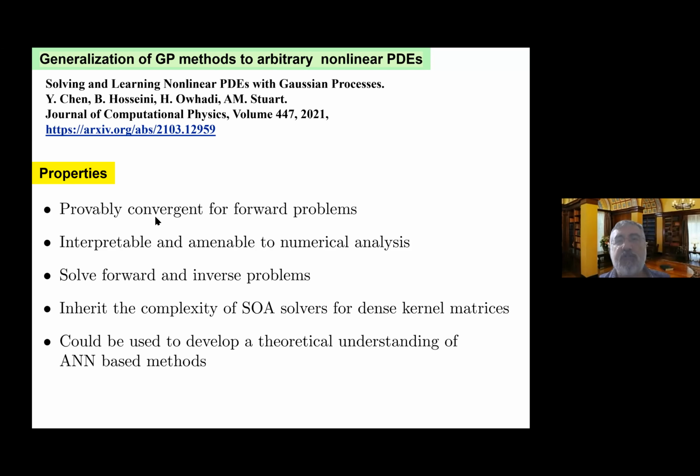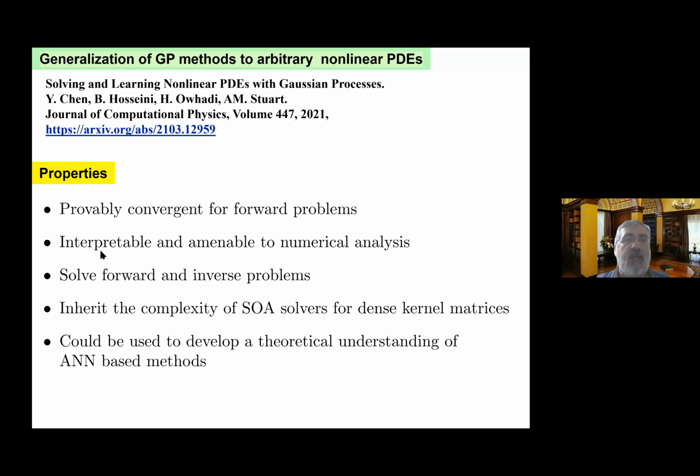And what I'm going to describe now is joint work with Yifan Chen, Bamdad Hosseini, and Andrew Stuart. Now, the method that we have obtained from this generalization has several desirable properties. It is provably convergent for forward problems.